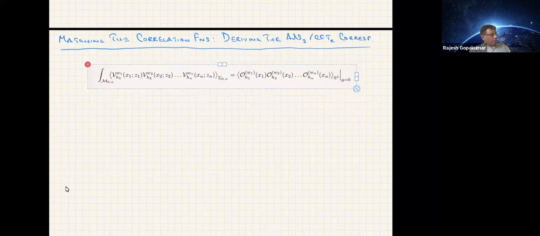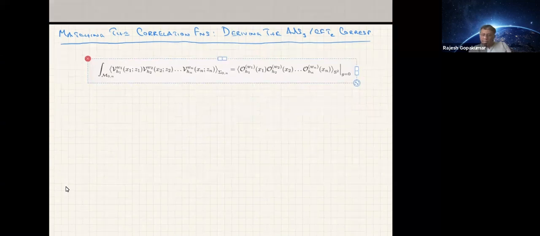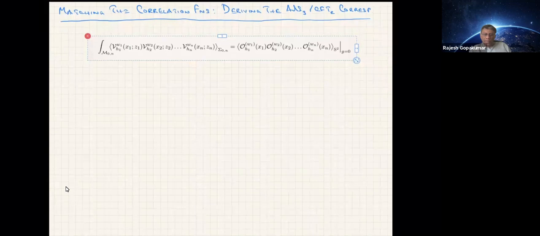This is what I operationally mean by deriving the correspondence. The left-hand side is the string theory. And this is the orbifold CFT, or more generally, of course, any dual CFT.